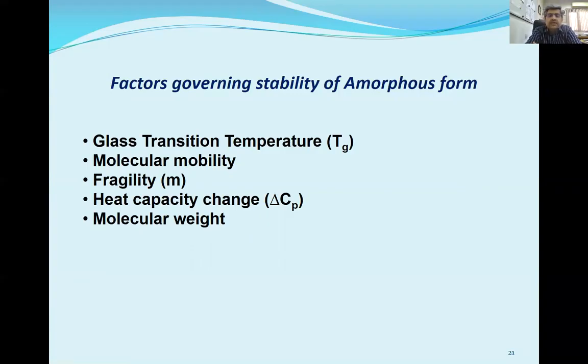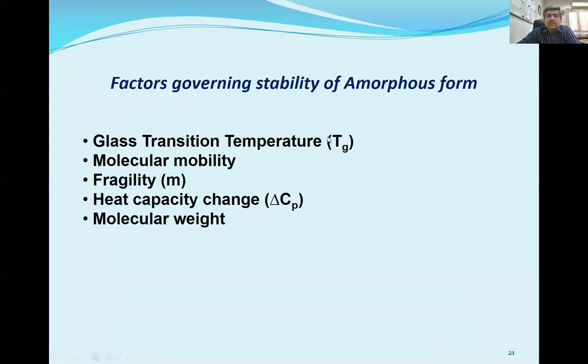Suppose we have the storage temperature as the room temperature, which is about 25 degrees Celsius. If the glass transition temperature is close to the storage temperature, then the conversion of the glass to the crystalline form is going to be rather fast. But if the glass transition temperature is very high as compared to the storage temperature of 25, then the conversion of the glass to the crystalline form is going to be relatively slow.